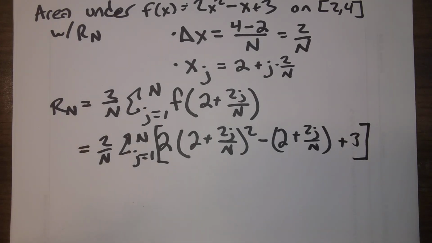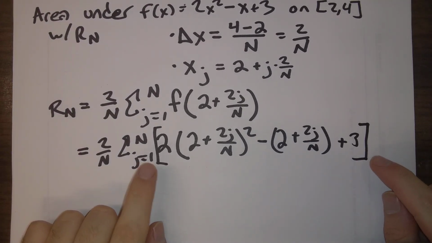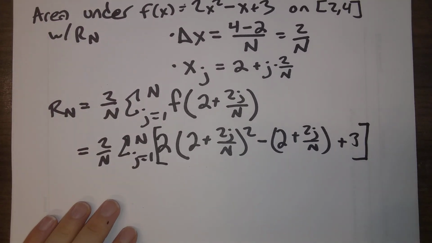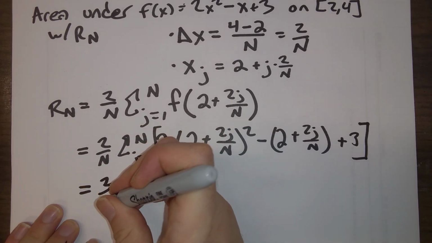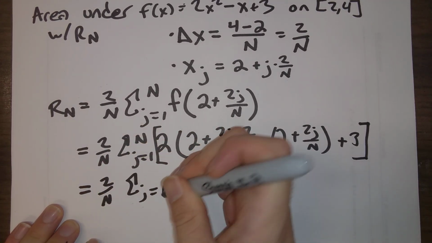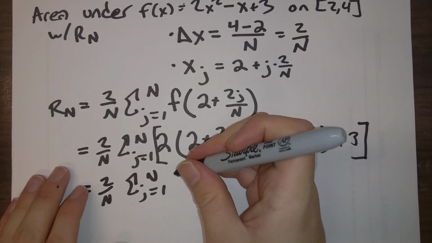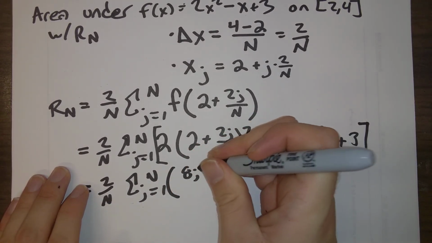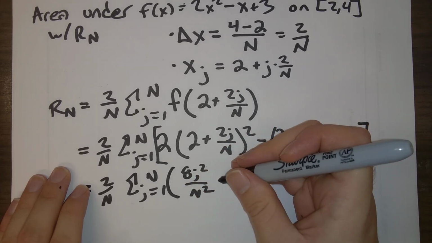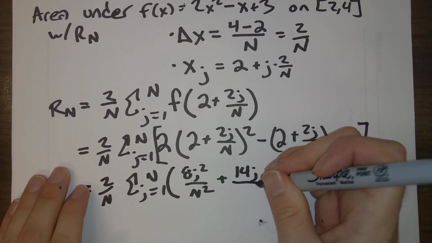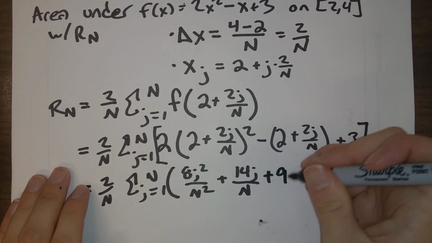So this is what our summation is going to look like. Now, if we simplify this, there's a little bit of algebra to do. I'll let you check for yourself that if we simplify this down, we end up with 8j squared over n squared plus 14j over n plus 9.